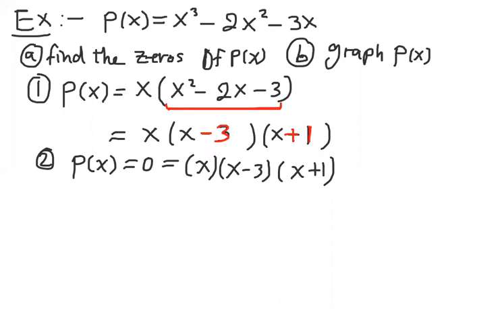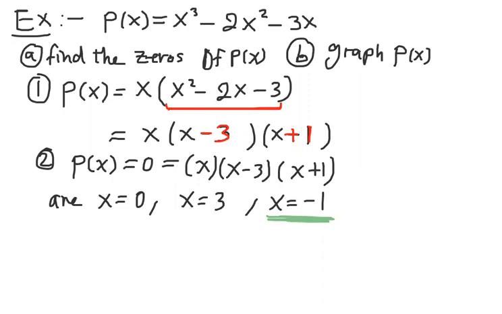So the zeros are x equals 0, or x equals 3, or x equals -1. These are the 3 zeros for this polynomial function. Now, second thing, graph the polynomial.